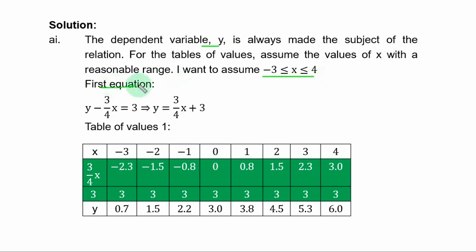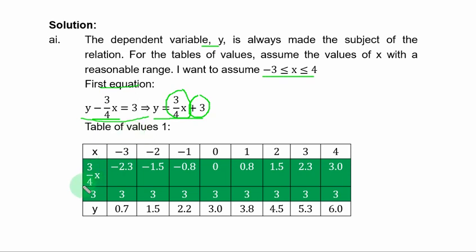For the first equation, which is this, you need to make y the subject by simply transferring this term. If you do that, it becomes this. Already, values of s are from minus 3 to 4. To get y value, you simply need this term because plus 3 is a constant.